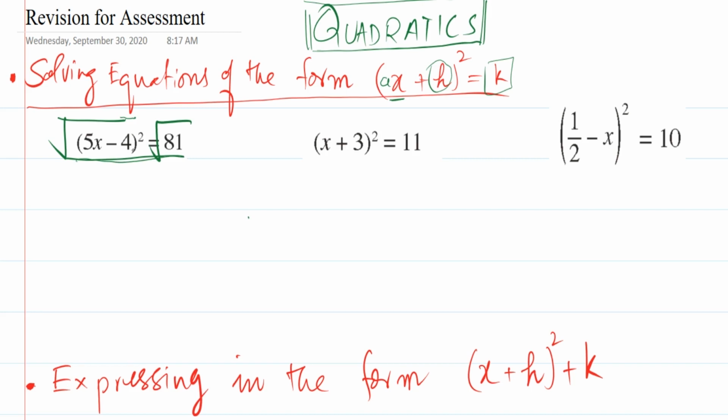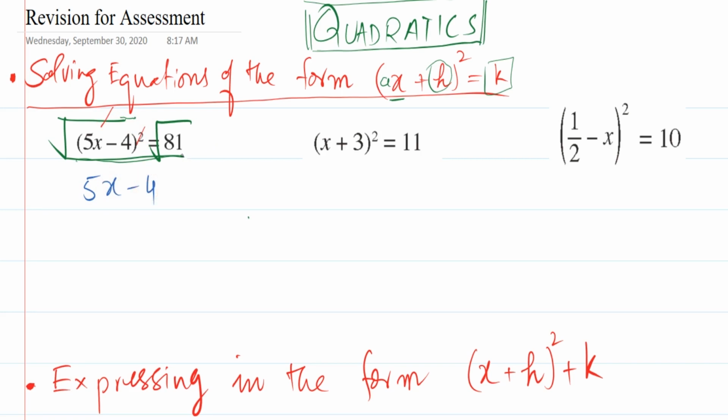So to get rid of the square sign on the left side, there is no need to expand it. Simply take the square root of both sides, and the square will be cancelled by the square root.